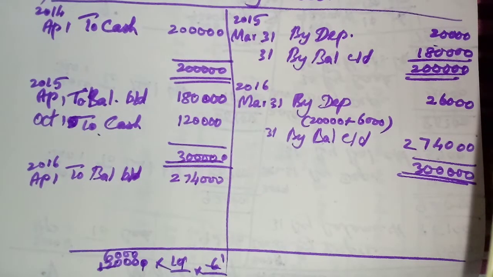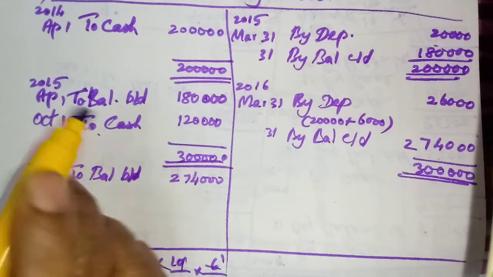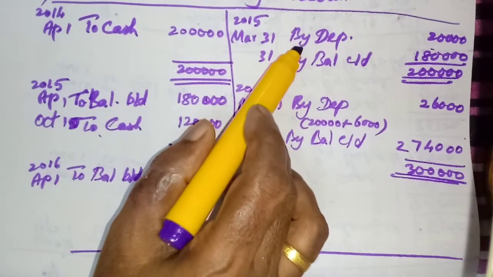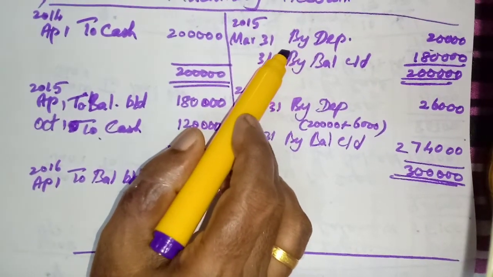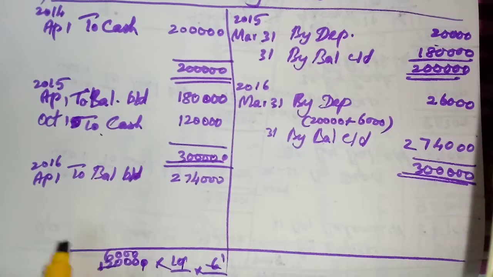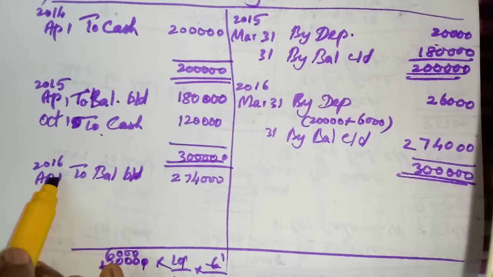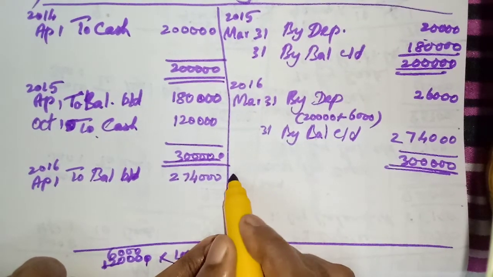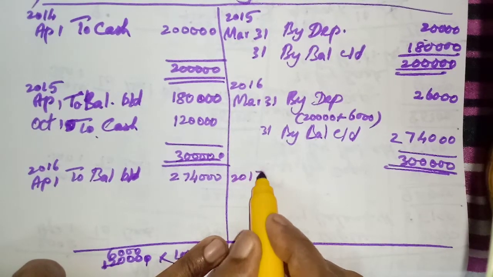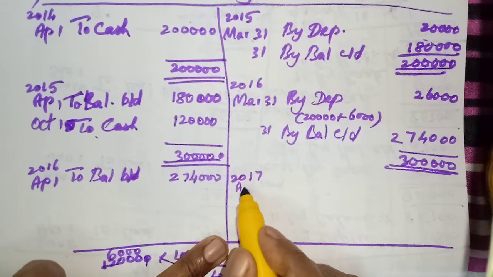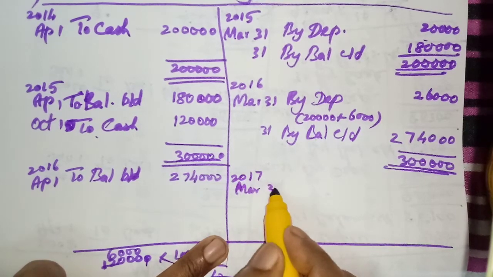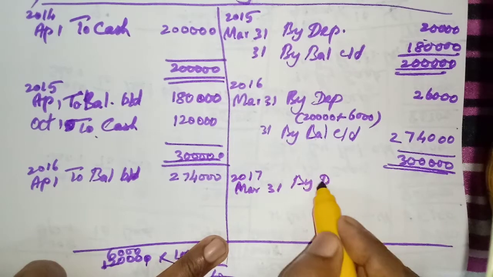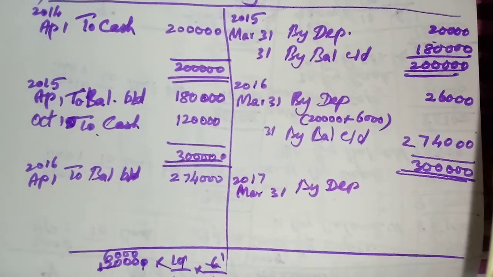Okay, up to what year have they asked? Depreciation account for the years 14-15 to 16-17. So 16 is coming, 17 we need to finish. So now 2017 March 31 by depreciation.